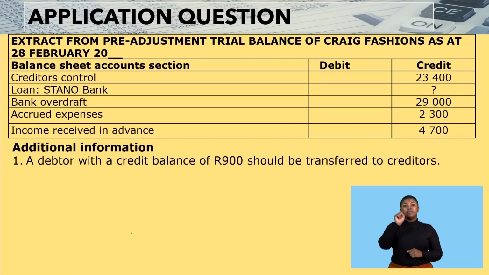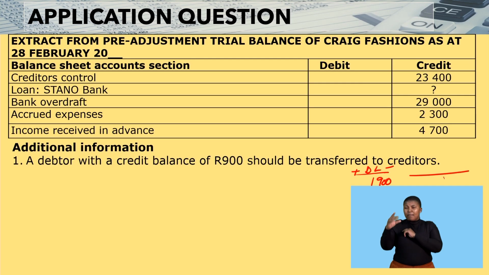Number 1 reads, a debtor with a credit balance of 900 should be transferred to creditors. What it means is we have here our debtor's ledger. Remember, it's an asset, so it's a plus here and a minus. But the debtor has a credit balance of 900.